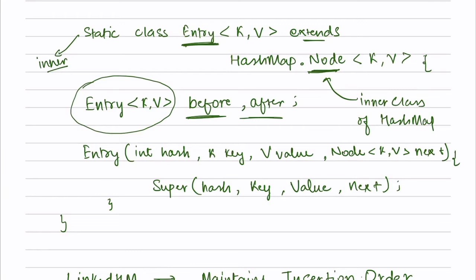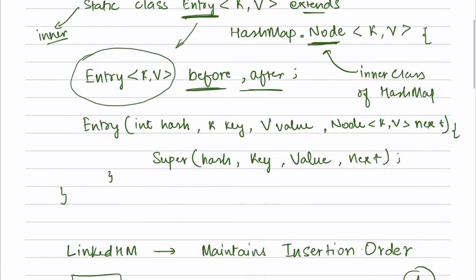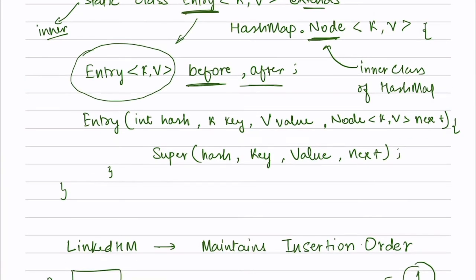So that means it's storing a couple more addresses into this node: this will store the address of the node which got inserted before this particular node, and this will store the address of the node which will be inserted after. Next will be the same. Next is used for collision, so always remember.